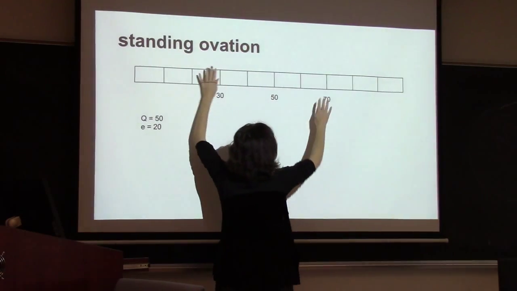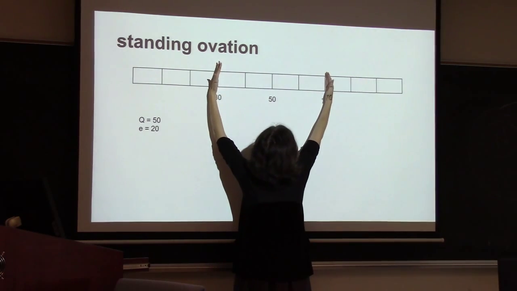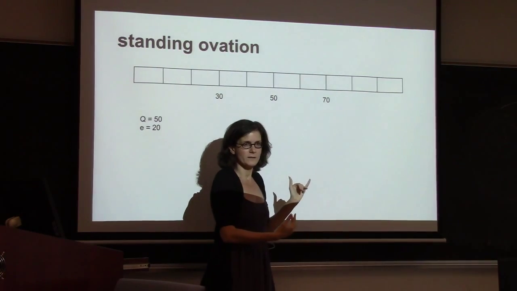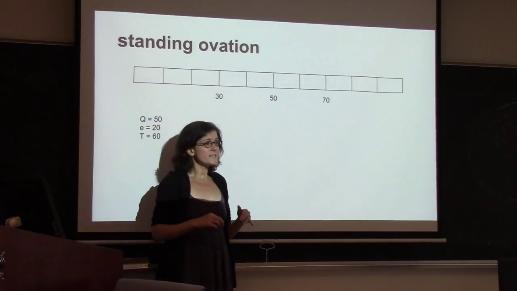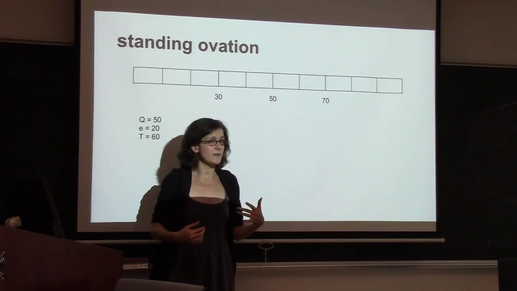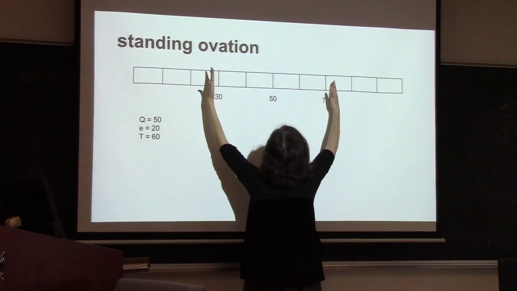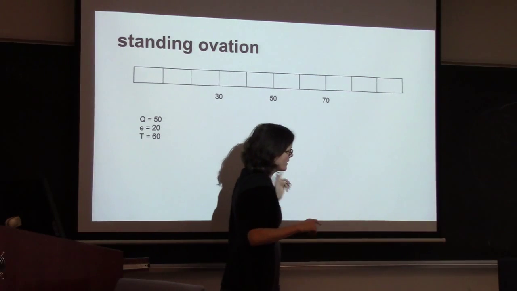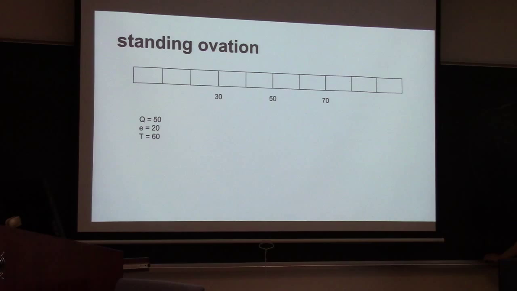So this part disappears, and the universe of the audience is in between. Got that? So let's say the threshold at which people stand is 60. And one more thing: the distribution is uniform.